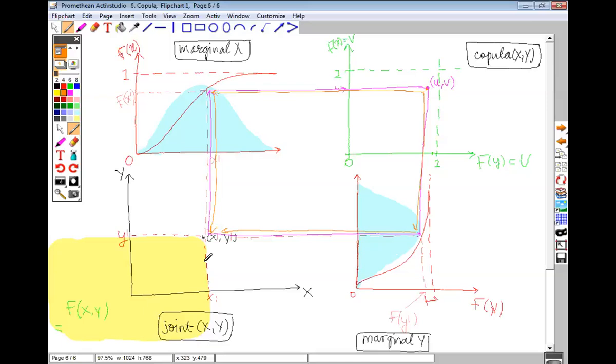So this theorem happens not always, but what did we study in probability integral transform? We studied that this x and this y can also be written as f inverse of u and f inverse of v.